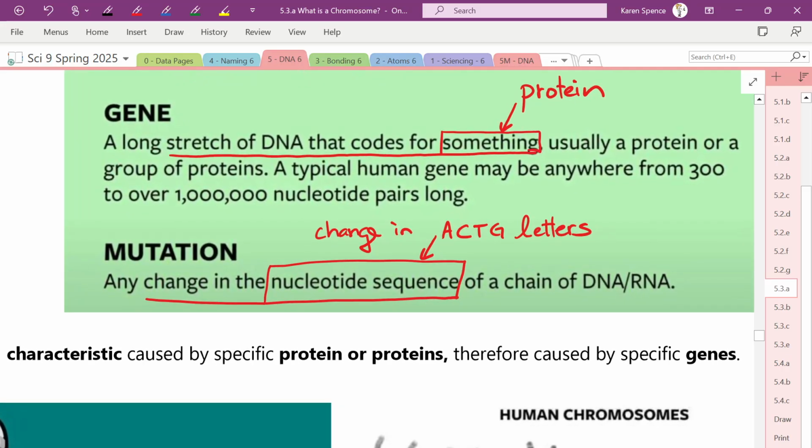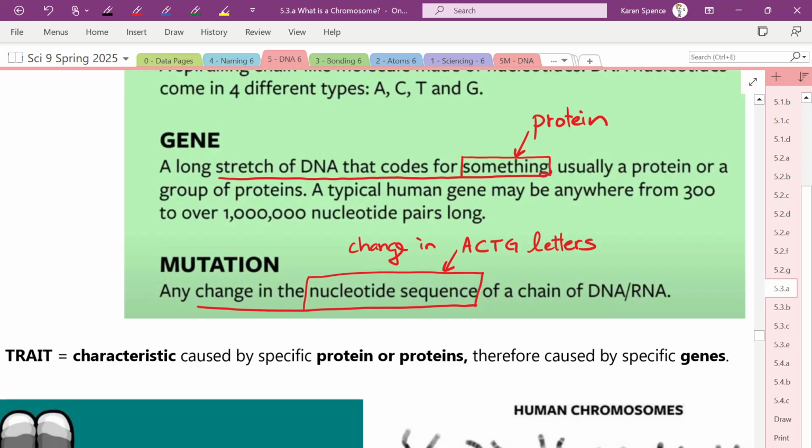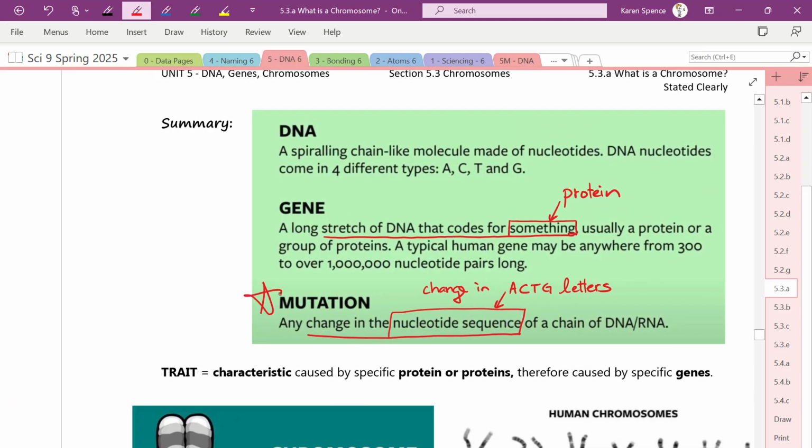What do we call a characteristic caused by specific proteins? A characteristic is called a trait. So you should know the term mutation. We already know the term gene.